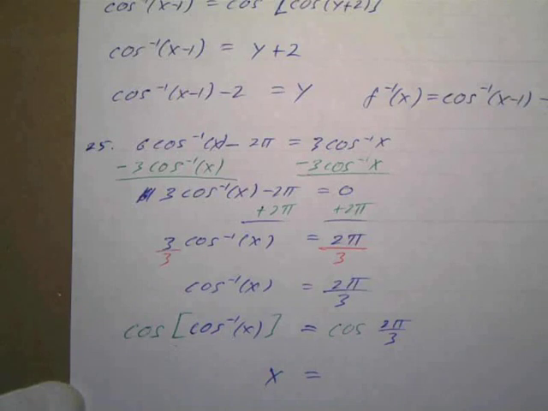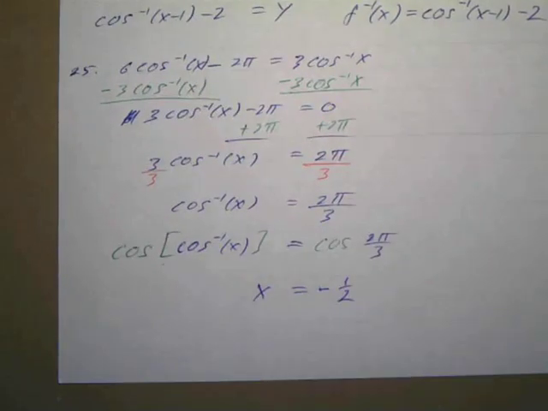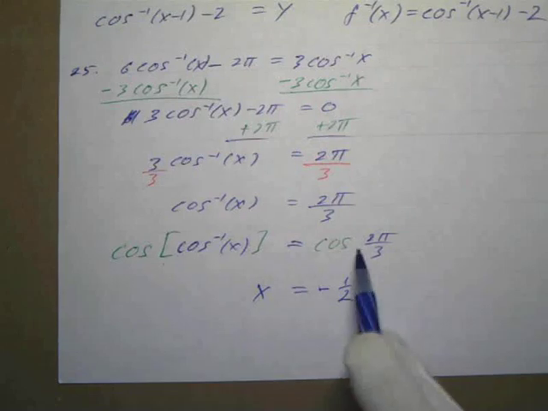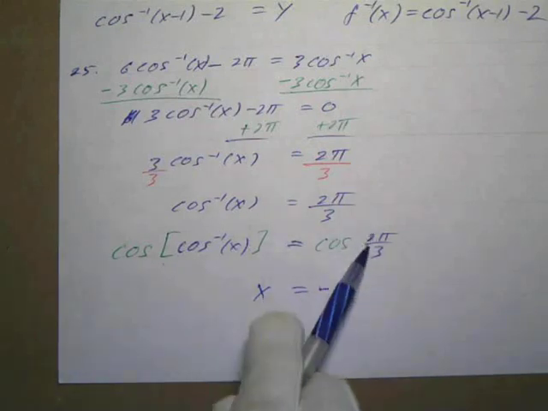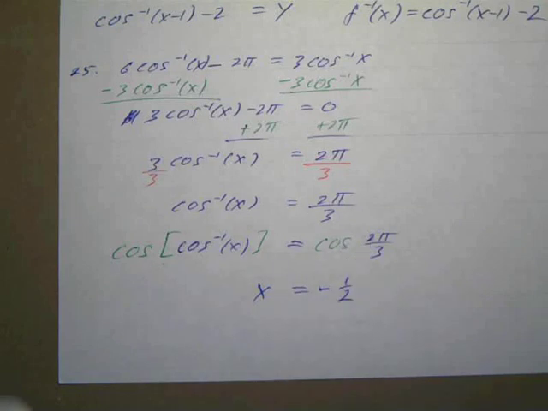Well, the cosine of pi over 3 is 1/2, but it's in the second quadrant. The cosine is negative in the second quadrant, so it should be negative 1/2. So there you go. That's 25.